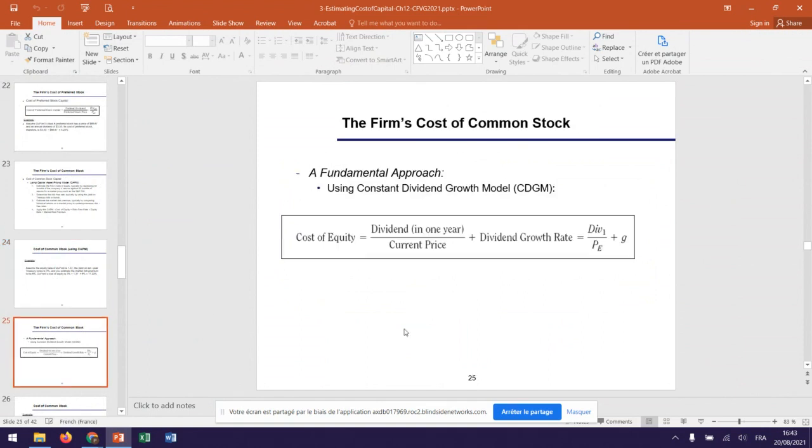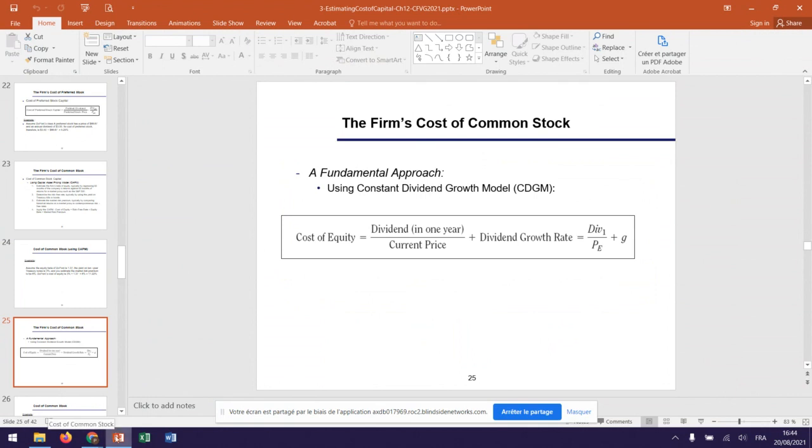The second approach that you can do is, remember, we have the Gordon-Shapiro model. I can use the formula P0 equals the dividend divided by R minus G, right?